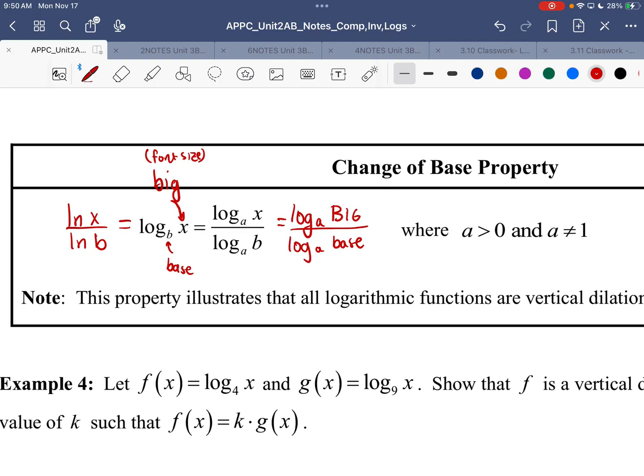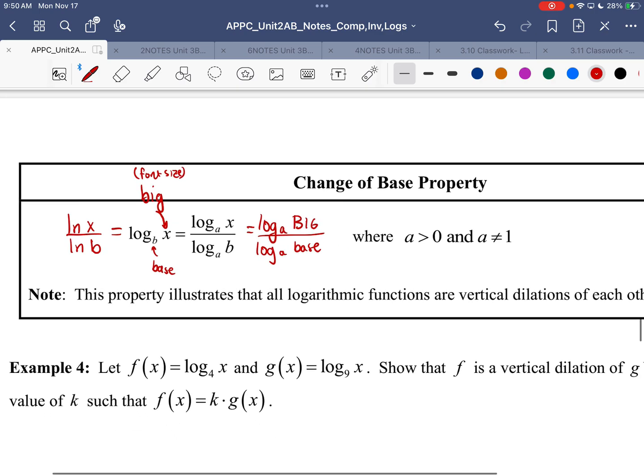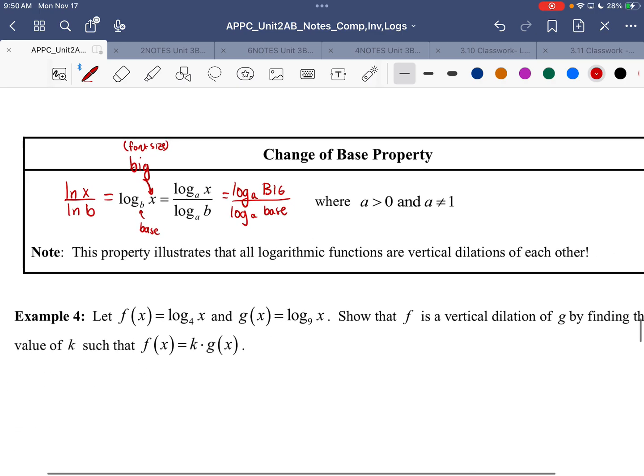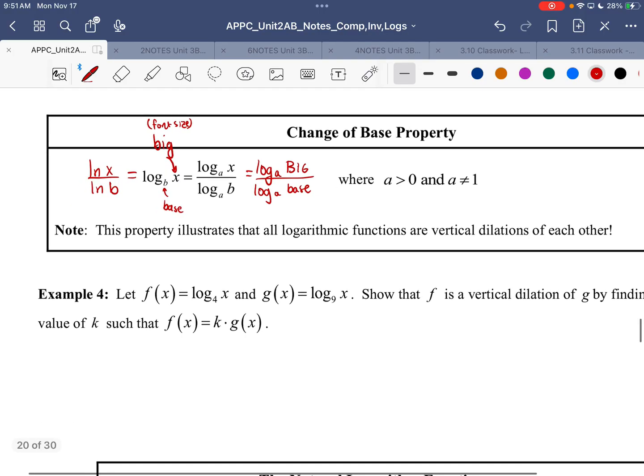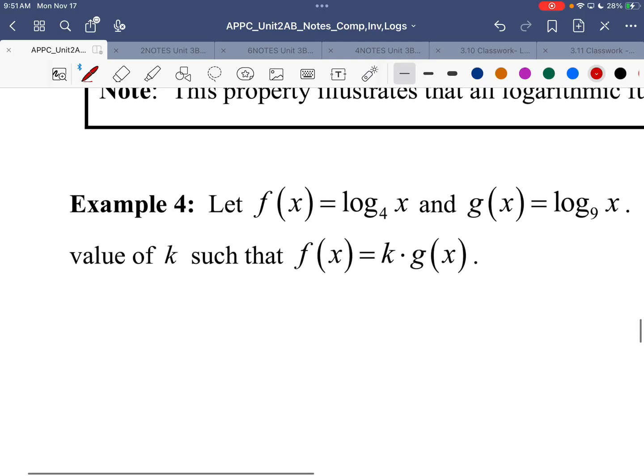Looking at example 4, we have log base 4 is f and log base 9 is g. We want to show a vertical dilation of g by finding a value that's a constant k such that f is equal to k times g. This is very complicated wording, but here we go.